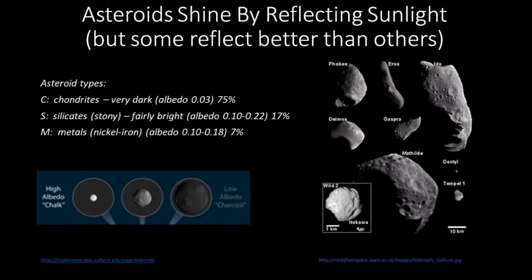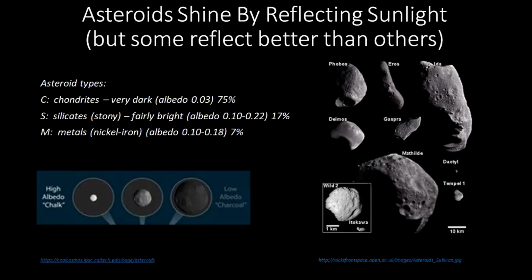And just by way of comparison, the bright areas on the moon have an albedo of 11 to 18%. So stonies and metals are both right about the same reflectivity as we see in the bright parts of the moon.